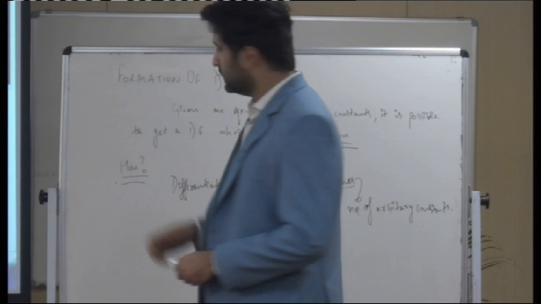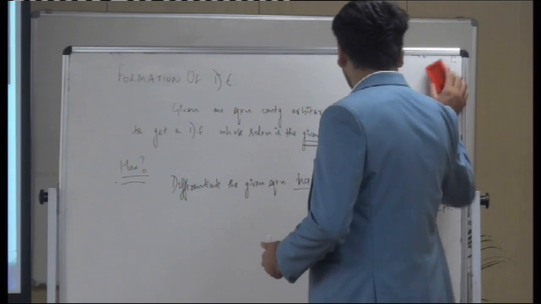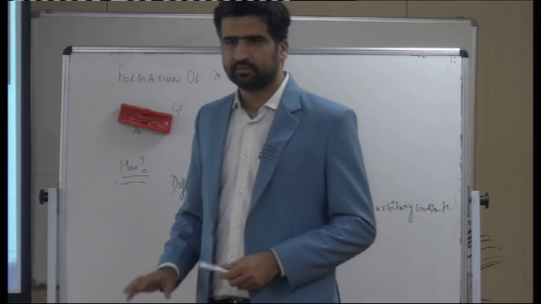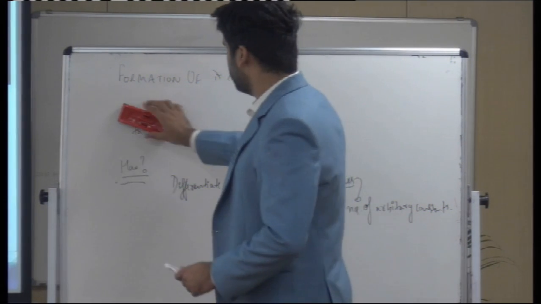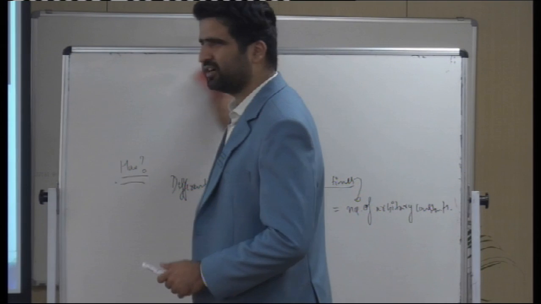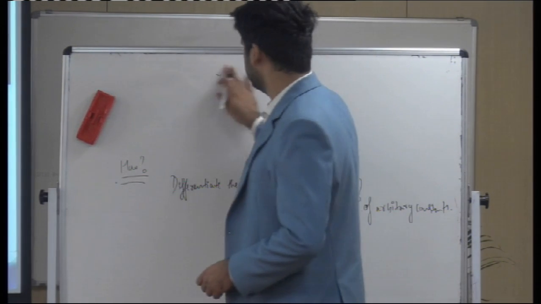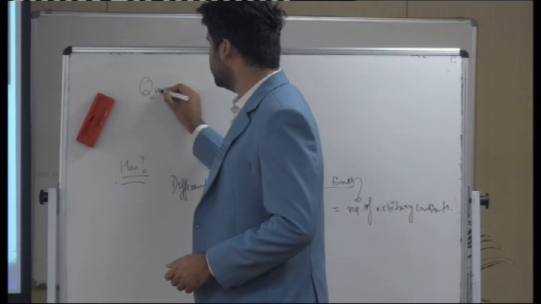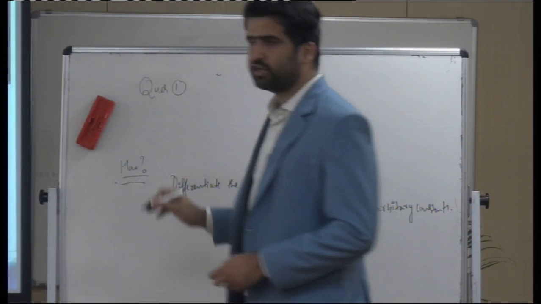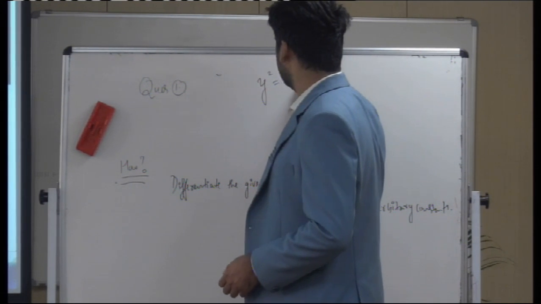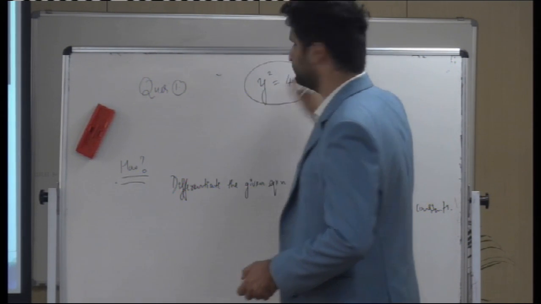Everybody is aware of coordinate geometry, like parabolas and ellipses. What is the standard equation of the most standard parabola? You know it: y square is equal to 4ax. So the first question here in formation of differential equation is, find the differential equation for y square is equal to 4ax. Can you do it?